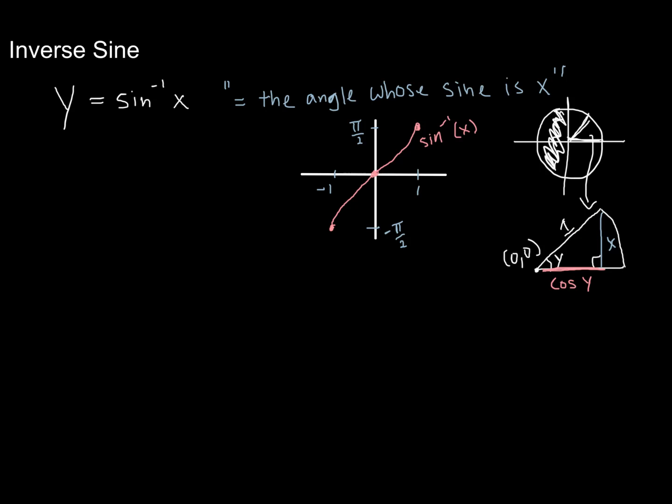The Pythagorean theorem says that this side length squared plus this side length squared has to equal the hypotenuse squared, in this case 1. And so writing this out, we have cosine squared y plus x squared equals 1. Well, that means that cosine of y squared will equal 1 minus x squared.